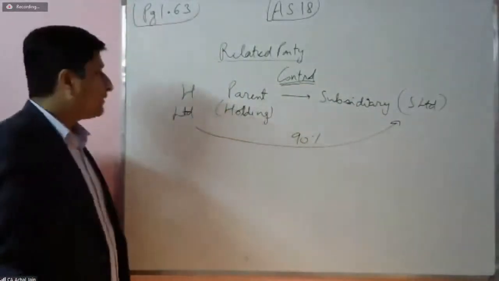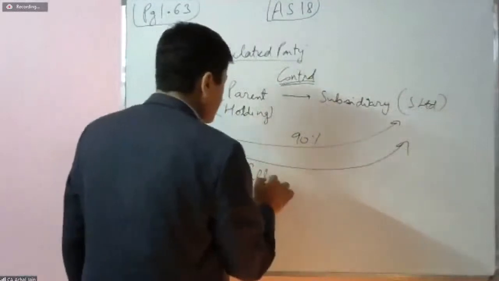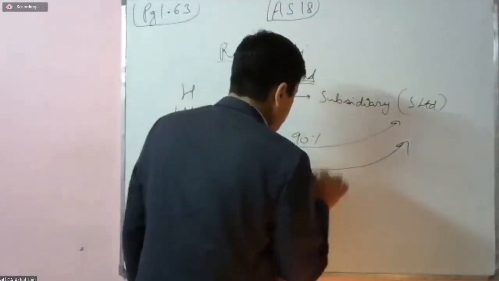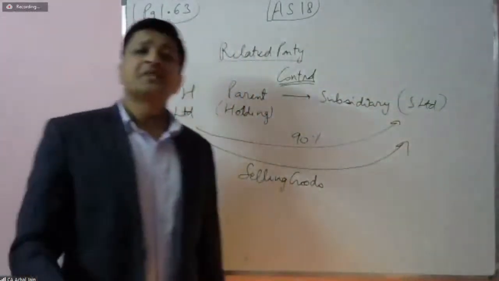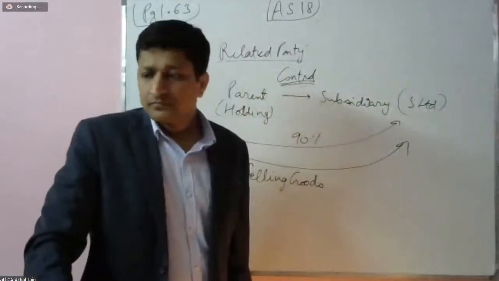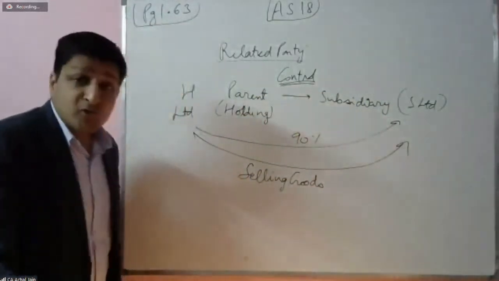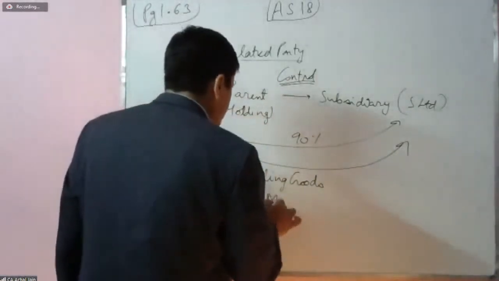Say for example, holding company is selling goods to the subsidiary company. And the goods which are sold are below market price.